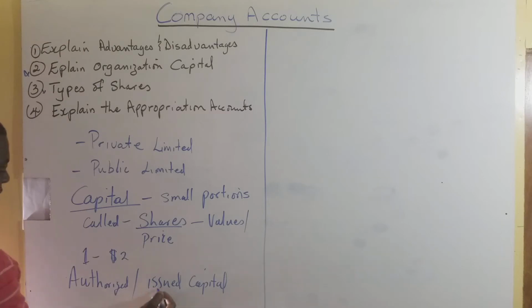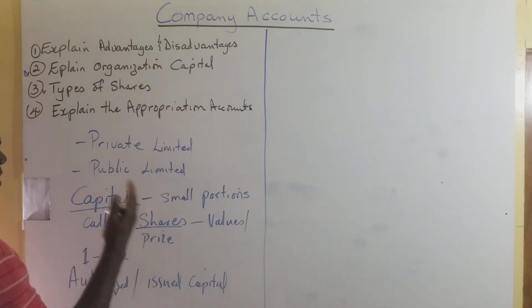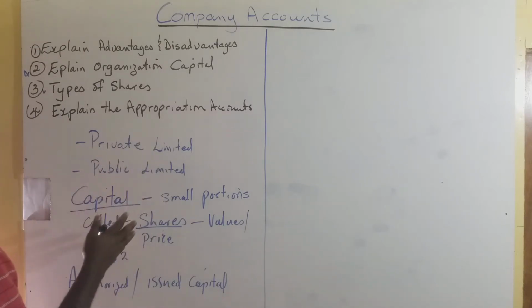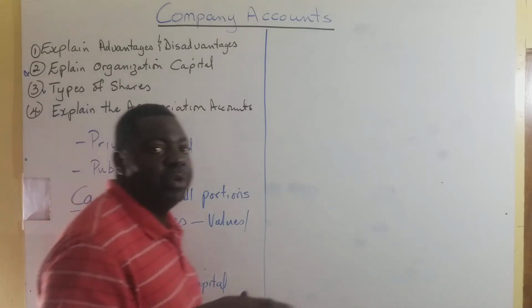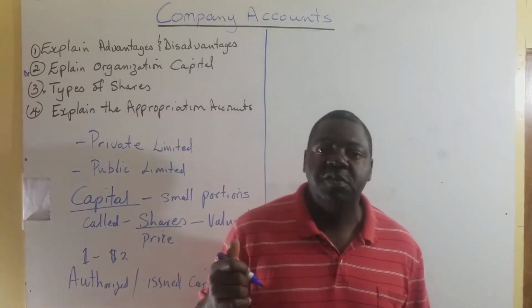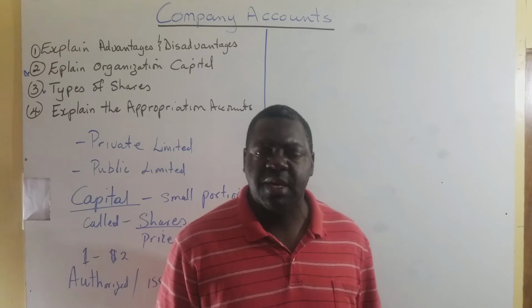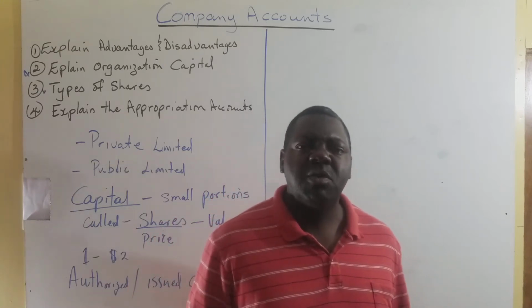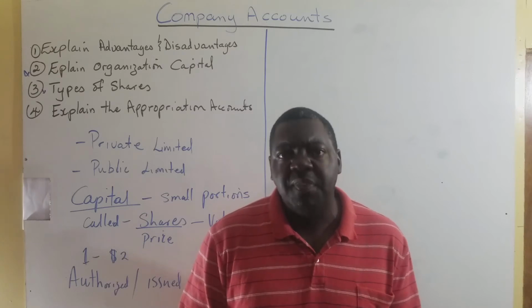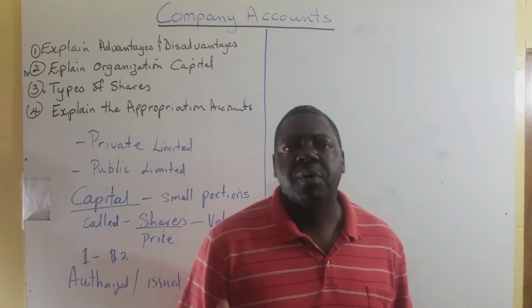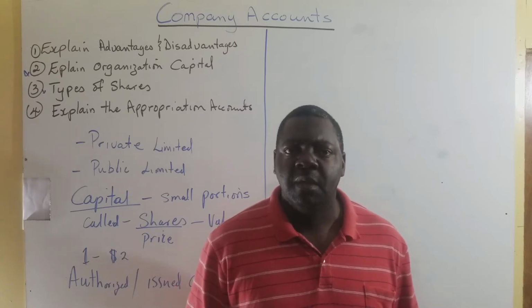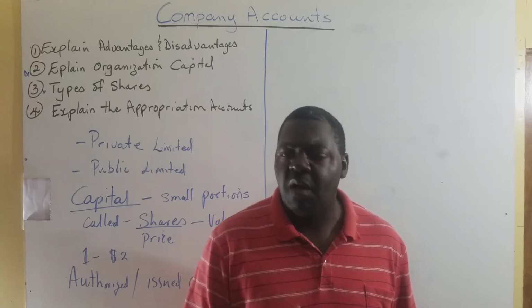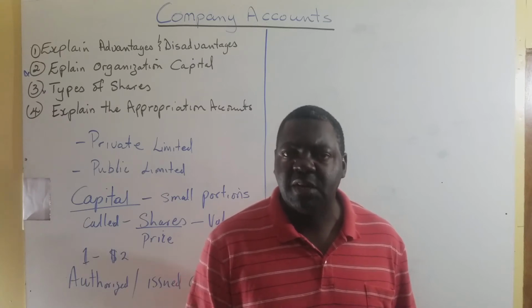The capital structure really is where, in a document referred to as the Memorandum of Association, they are required to declare the maximum amount of capital that they will require to operate the company, among other clauses that they'll have to disclose.